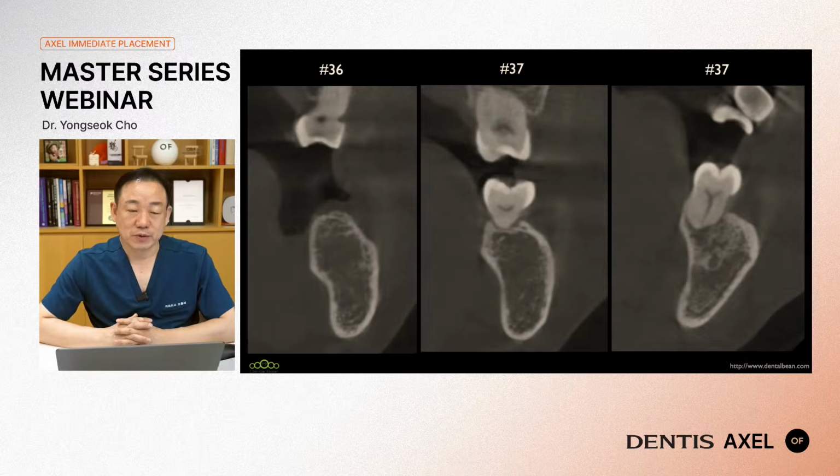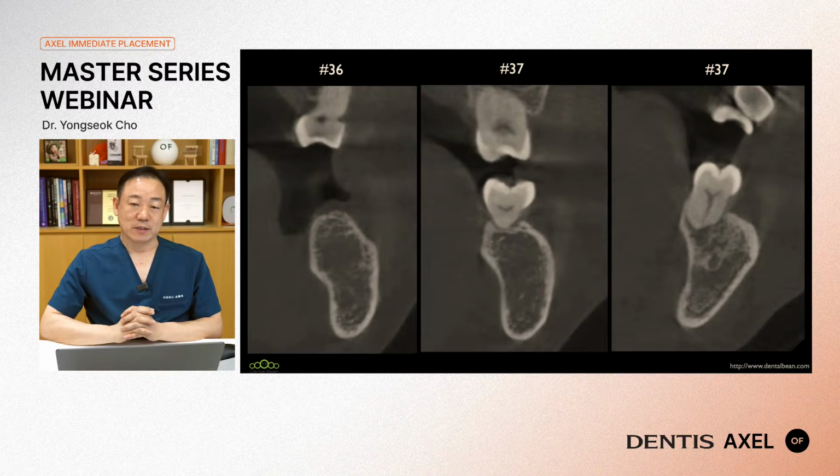Look at the CT view. In this case, I can see many old female patients who have very low bone density. Here in the CT view, this is D3 or D4 bone marrow density. Okay.